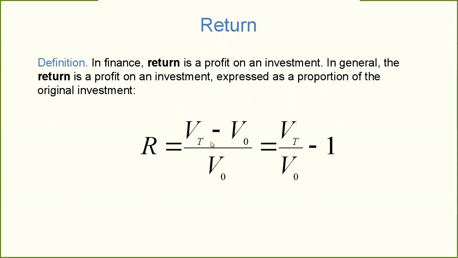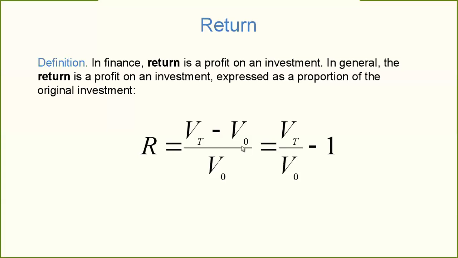Yes, remember. And for example, this result was $1. And what can we say? Is it a good result? Is it a good profit? We can't say this because it depends on the initial investment.